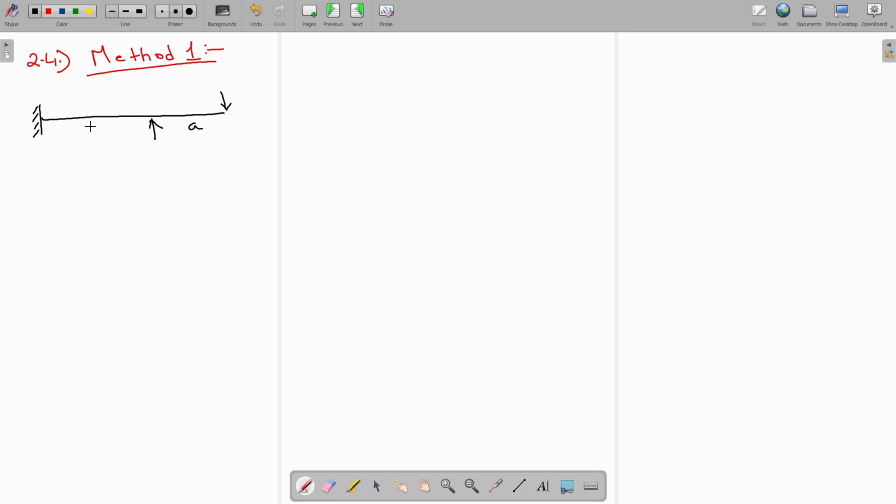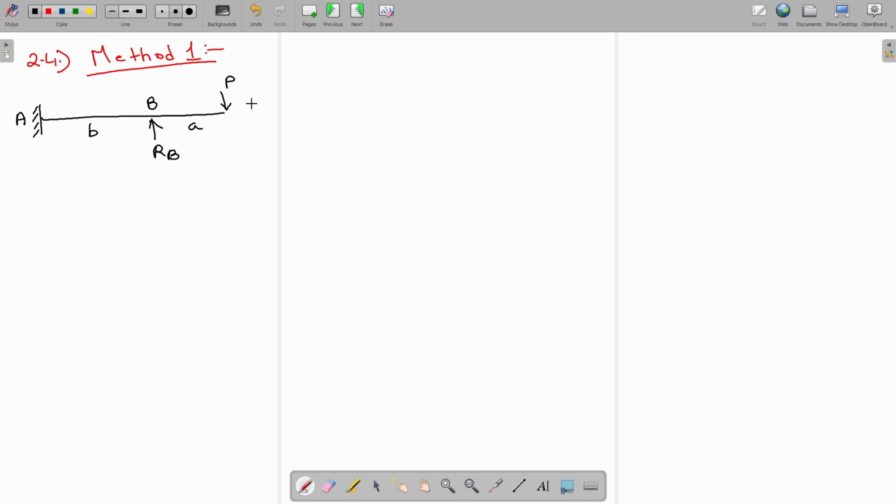This is A, this is B. Okay, this is point B. This is point A. This is the fixed point. This is RB, the reaction force at B, and this is P.